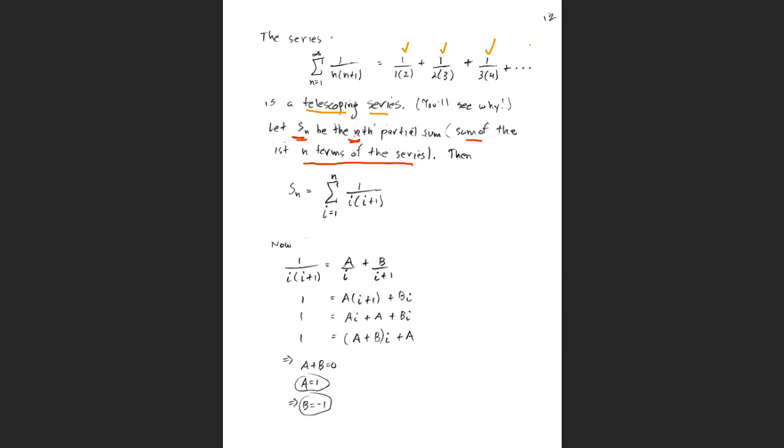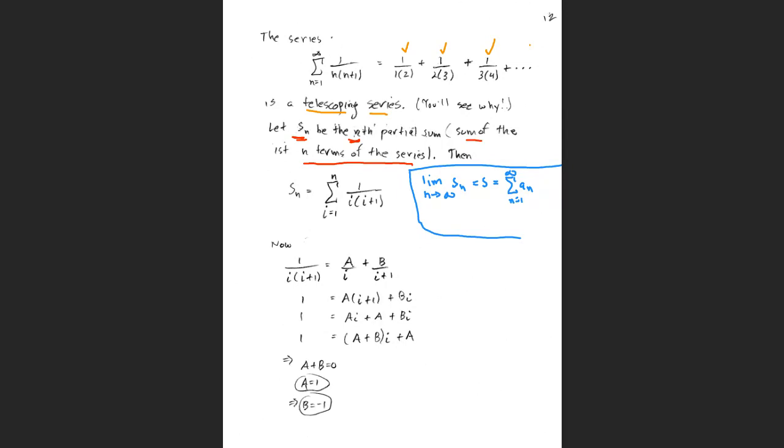And you learned yesterday that the limit of the nth partial sums as n goes to infinity equals s, and s is the actual sum of your infinite series.